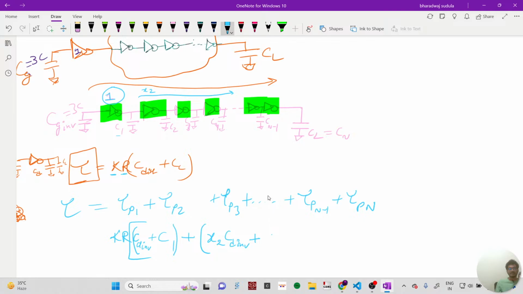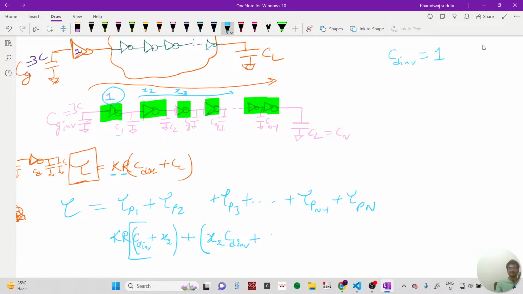The load depends on the next gate sizing, so this is x3. So actually C1 is x2, and I can write it as x2 CD inverter. What I'm trying to say is, let us assume CD inverter as 1 for simplicity.